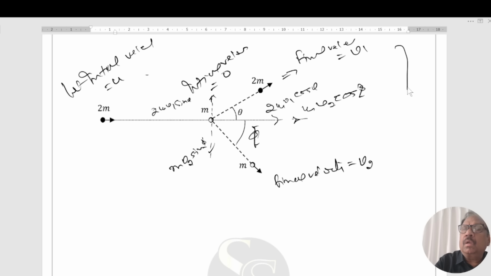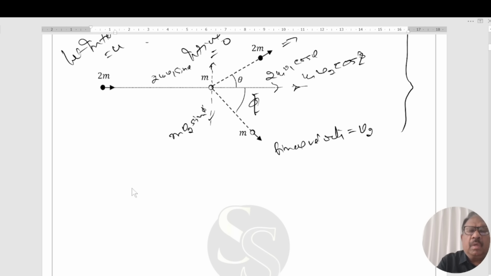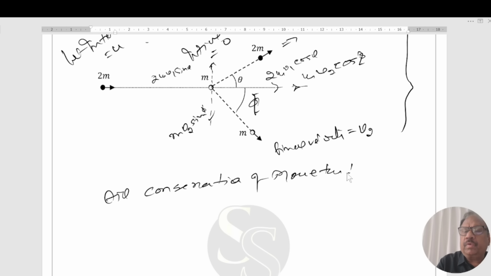This is the figure. Now applying the concepts, conservation of momentum first, or any, it makes no difference.